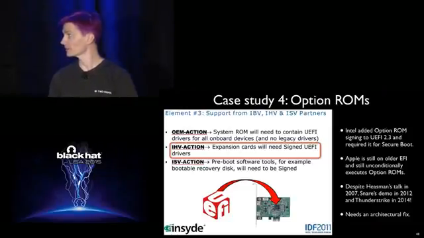This is despite Heisman's talk in 2007, Snare's demo in 2012, and then my ThunderStrike demo in 2014. It really needs an architectural fix: there needs to be a way to either whitelist ROMs, disable ROMs if they're not necessary, or in many ways be able to trust the contents of them.